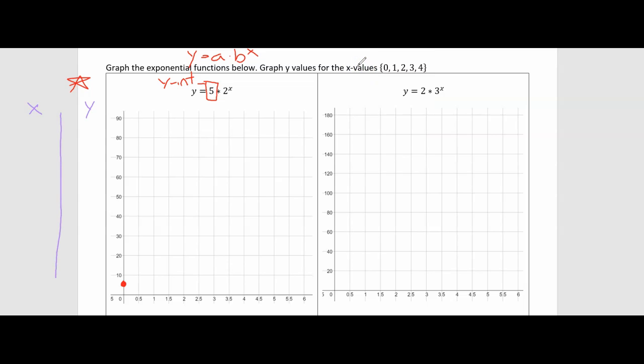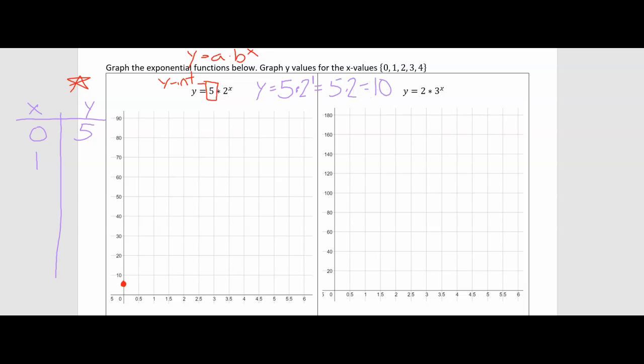Here's x values, here's y values. We know that when x is 0, y is 5, because that's our y-intercept. When x is 1, I'm going to get y equals 5 times 2 to the power of 1, which gives me 5 times 2, which gives me 10.